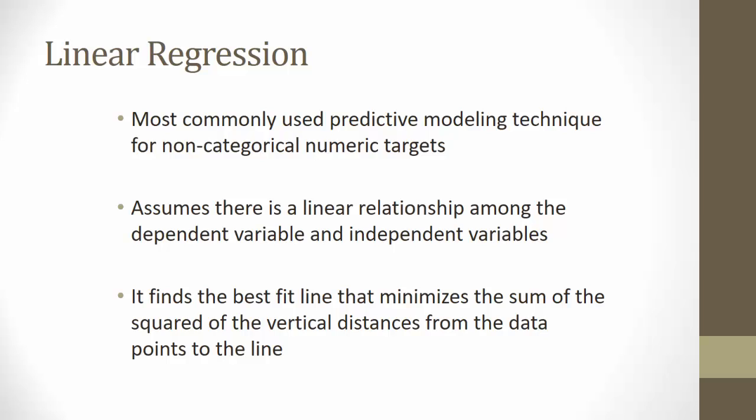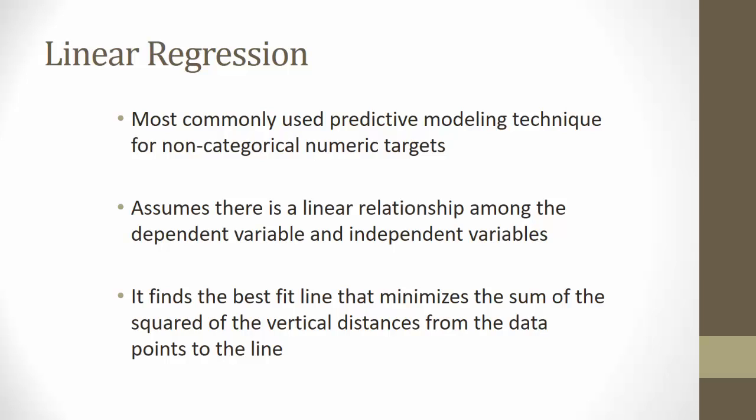Linear regression is one of the most commonly used predictive analytics techniques for non-categorical or continuous numeric targets. It assumes that there is a linear relationship between your target variable, or dependent variable, and your set of independent variables. Remember, in linear regression, the target variable is also called the dependent variable. If you go to the classic text for linear regression, you will not see target variable, but you will see dependent variable.